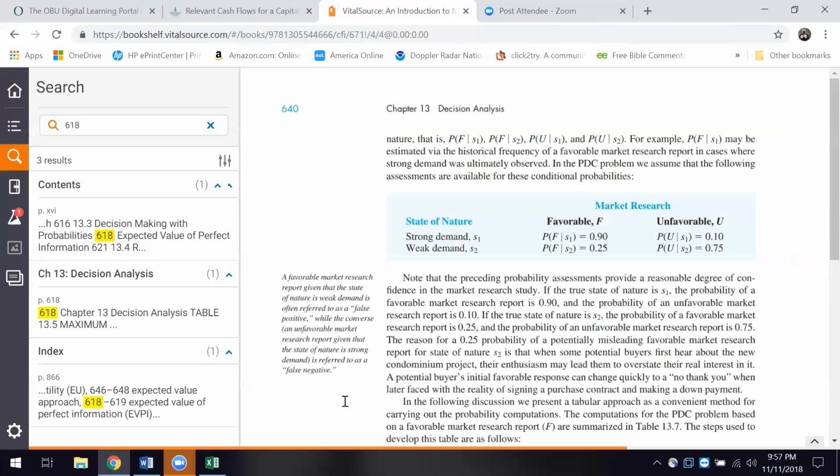You can have a situation where we thought we'd have weak demand, and we end up with an unfavorable result of 0.75. So you can see these permutations as they work themselves out.